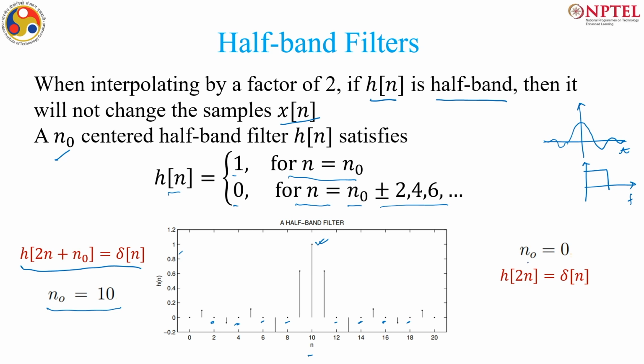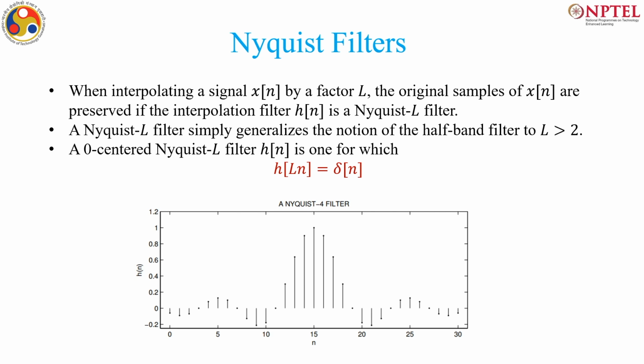And again, if it is 0 centered, this is the condition, although this will not be a causal filter. Then it will depend on the future values of the input, so you cannot go for real time processing; you have to do offline processing. Okay. So, if the idea for a factor of 2 is clear, let us extend this for a factor L.